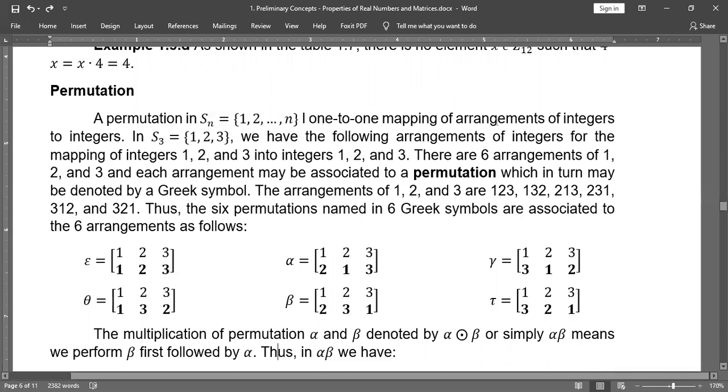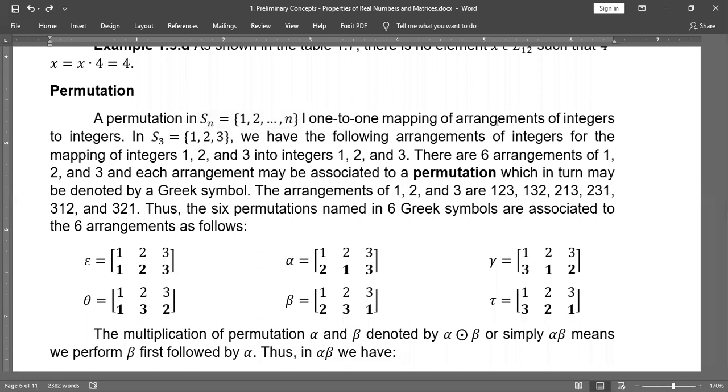In S sub 3, we have 1, 2, 3. We have the following arrangement of integers for the mapping of integers 1, 2, and 3 to integers 1, 2, and 3. There are 6 arrangements of 1, 2, 3. As we know, para siyang arrangement ng ABC na ginawa natin last time.